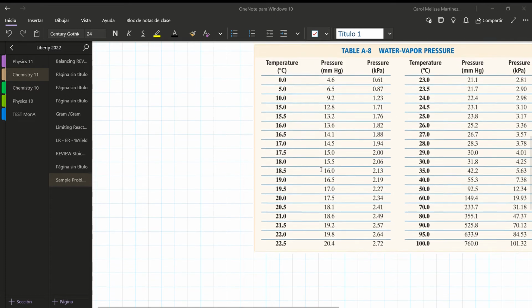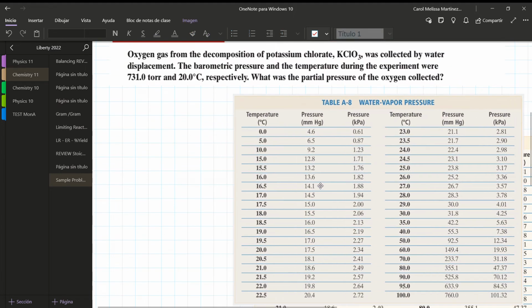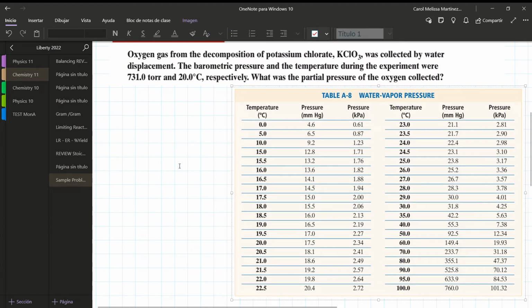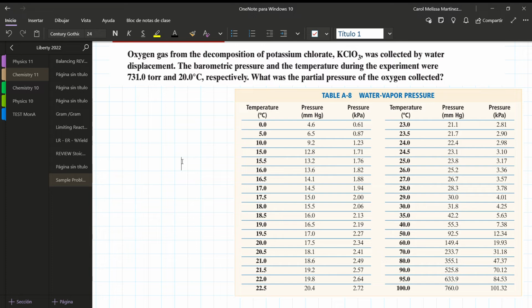So in here you see a table that says water vapor pressure. Okay, so we're gonna focus on the part that says oxygen gas was collected by water displacement. That's why we're gonna be using this table that is called water vapor pressure.